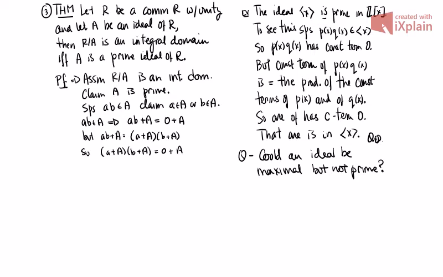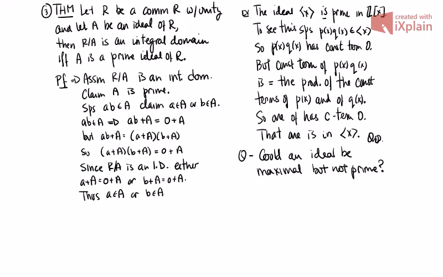Now this is a statement about the quotient ring. R mod A is an integral domain, so one of these must be 0. So since this is an integral domain, either a plus A equals 0 plus A, or b plus A, or both, equals 0 plus A. And in the first case, we would have a is in A. In the second case, we would have b is in A. And that's the end of the forward direction.